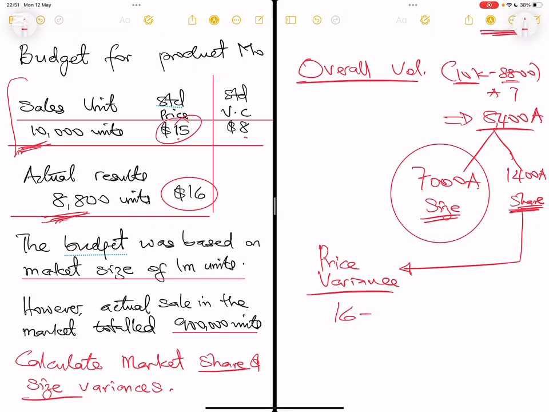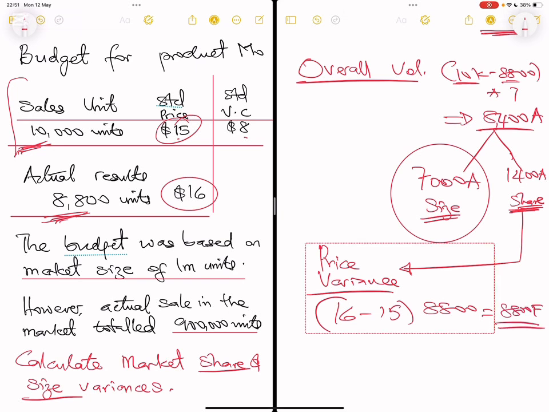So 16 minus 15, times what we sold, the actual quantity of 8,800. That will give you 8,800 favorable. So actually, we have a favorable variance from the price, because we're able to charge a higher price. And definitely, this might be the reason why we lost some customers, because we are charging a higher price.